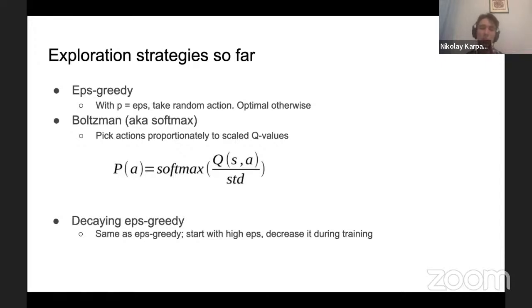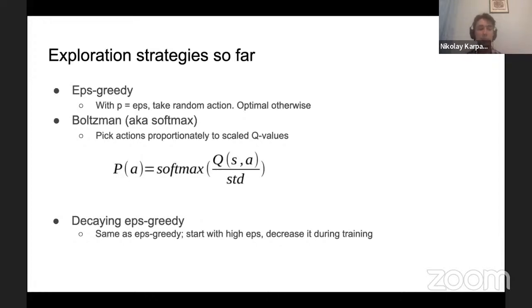Decaying epsilon greedy, intuitively speaking, is much more optimal, because we would stop exploring probably at the time that we would have learned enough to rely on our knowledge. And the third one that we have discussed is Boltzmann sampling, or softmax sampling.